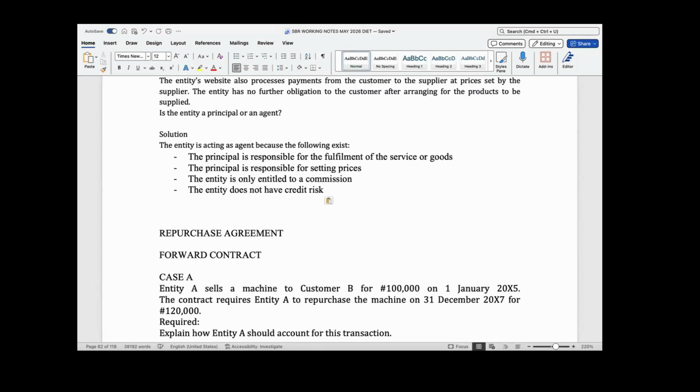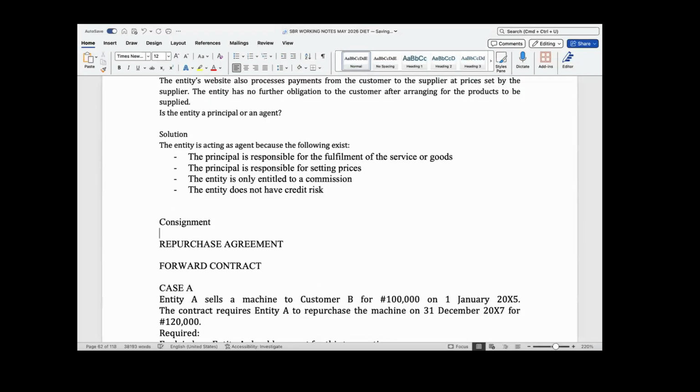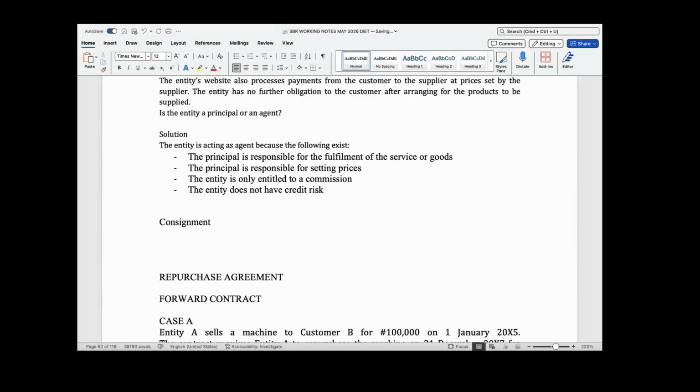Now, the next one is consignment. This is also another very straightforward one. Consignment occurs when a seller has dealers or distributors.